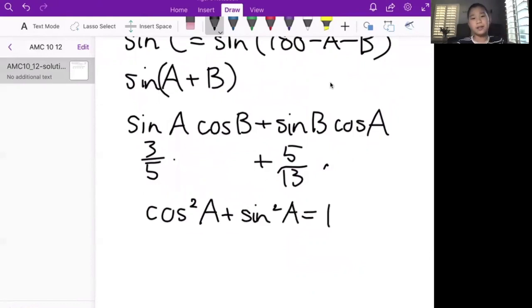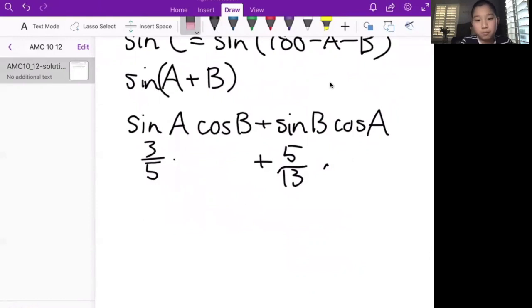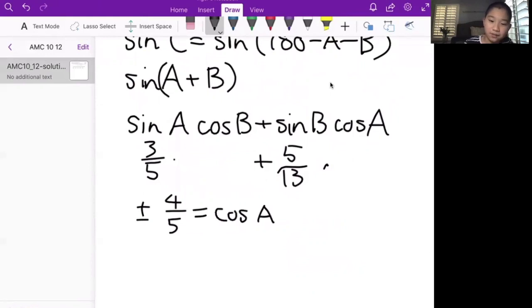So plugging in sine A equals 3/5, we get cosine of A equals plus or minus 4/5. And then cosine of B, we can do the same thing and we'll get plus or minus 12/13.